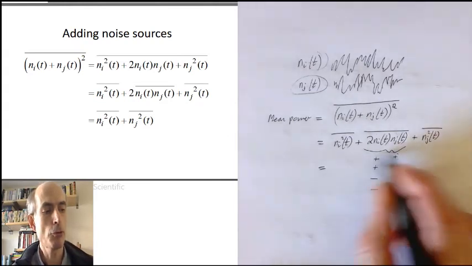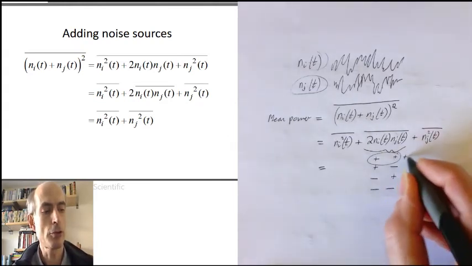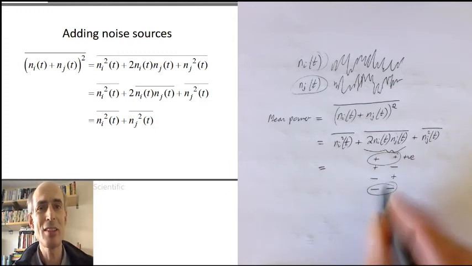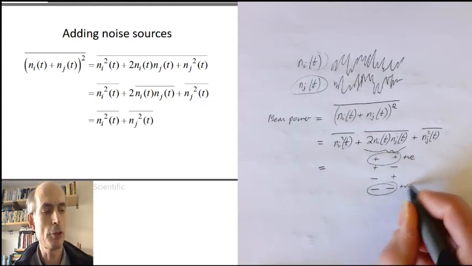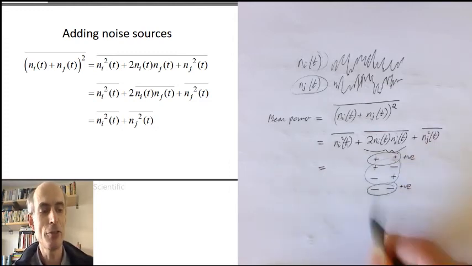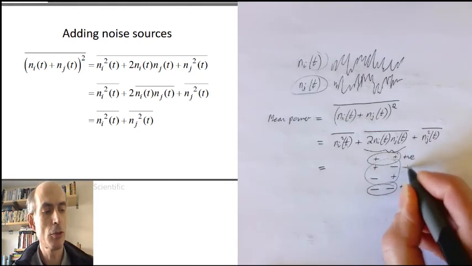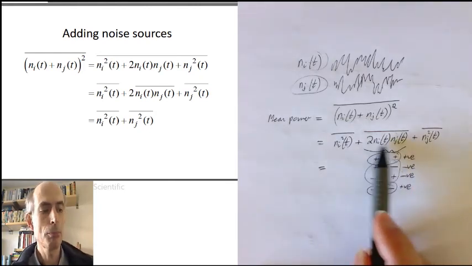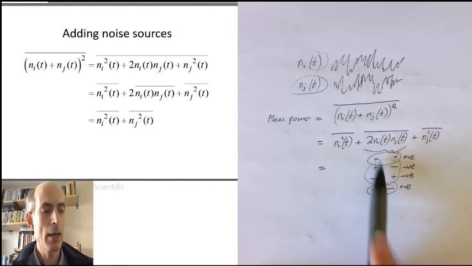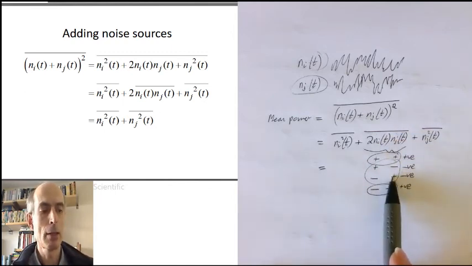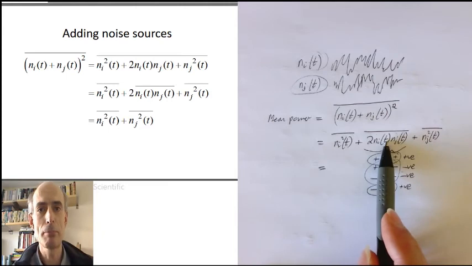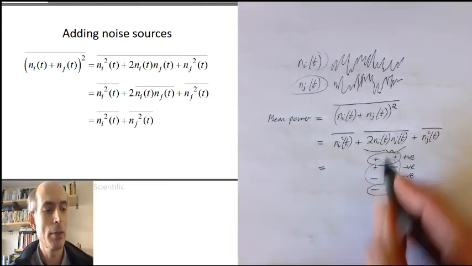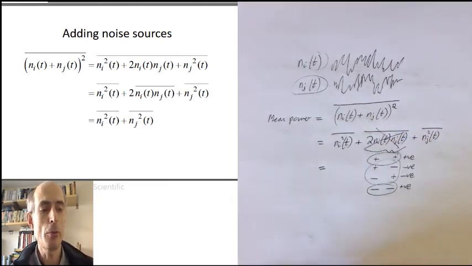If they're both positive, then the product is positive. If they're both negative, then the product is positive. But if they have different signs, then the result would be negative. So the product there is positive half the time and negative half the time. And if it's positive half the time and negative half the time, then on average it's going to be 0.